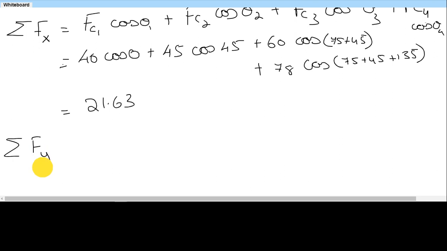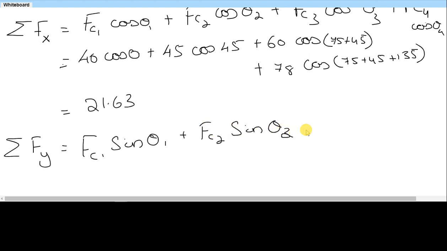Similarly, if you take Fy, which is the vertical component, Fc1 sin theta 1 plus Fc2 sin theta 2 plus Fc3 sin theta 3 plus Fc4 sin theta 4.